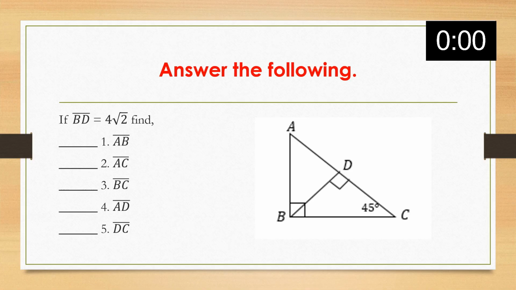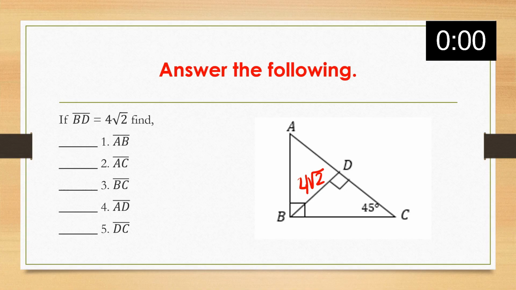Alright, so let's try to answer now the given questions. What is the length of line segment AB? Let's figure out the measure. It says here that line segment BD is 4 square root of 2. If we look at right triangle BDA, line segment BD is a leg and line segment AB is our hypotenuse.